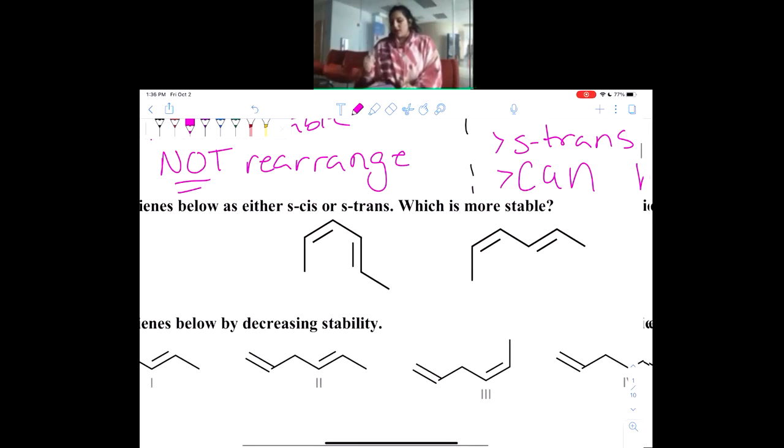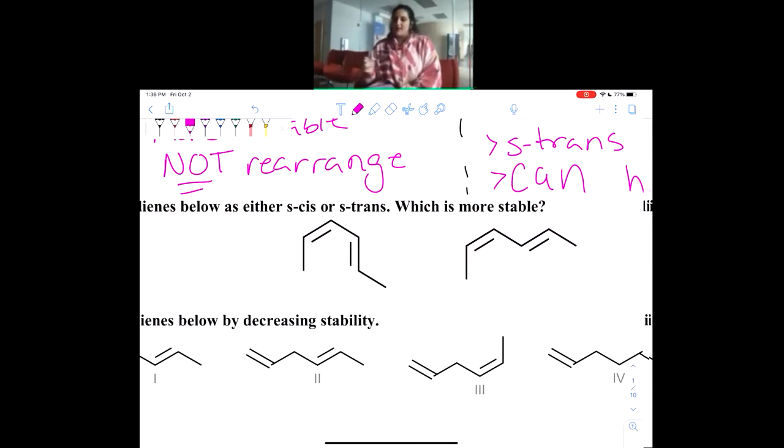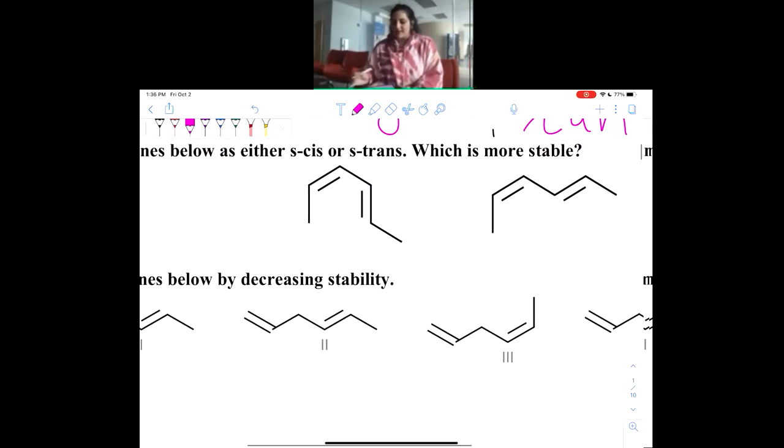So we are going to identify these as either S-cis or S-trans, and then we're going to decide which one is more stable. So if we're looking for S-cis or S-trans, are we looking for configuration or conformation? Conformation. Yes, exactly.